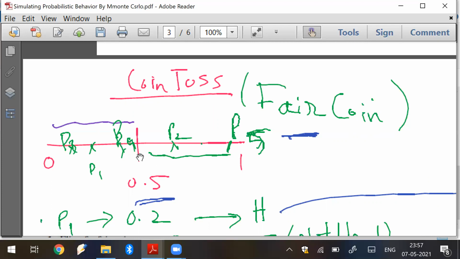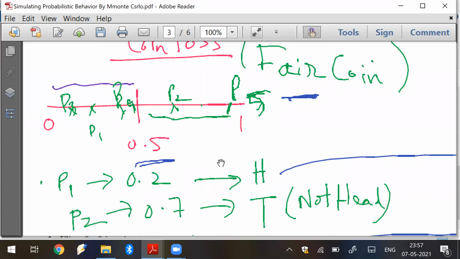It is a real line interval. Then we halve it into two equal halves, 0 to 0.5 and 0.5 to 1. And why are we taking two equal halves? The basis is supported by the fact that we already have the information that we are trying to simulate data for a fair coin toss.